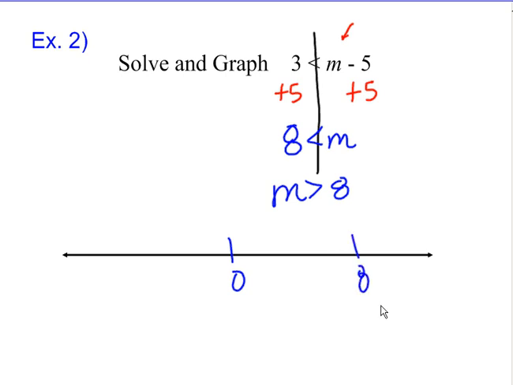Because it has an inequality sign with no equal there, we're going to have an open circle. And because it's greater than 8, those numbers greater than 8 are to the right. So we're going to go this direction. There are numbers like 9, 10, 11, and 12, so we'll go that way.